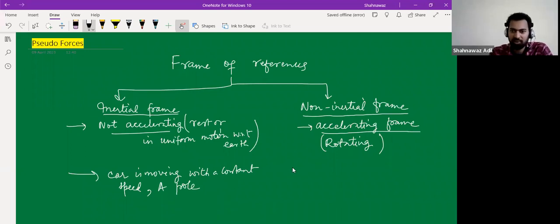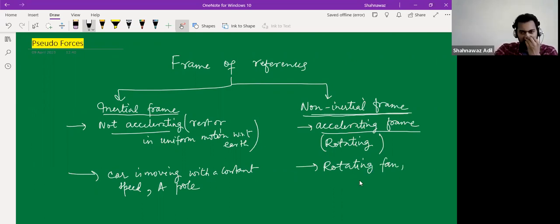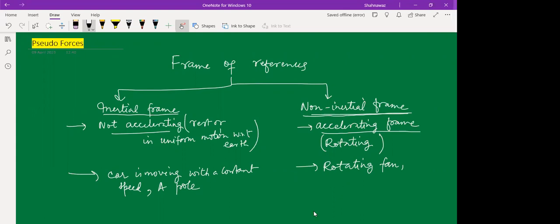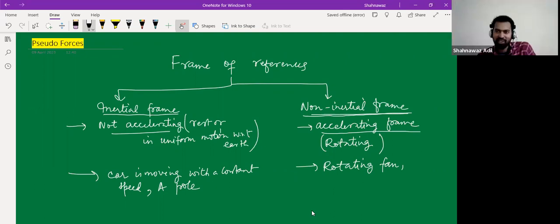And what are the examples of the non-inertial frames? So let's say the rotating fan. And the second one is the merry-go-round. Did you guys ever hop on the merry-go-round in the park? So you always feel that someone is pushing you outwards, but there are no actual forces right there.